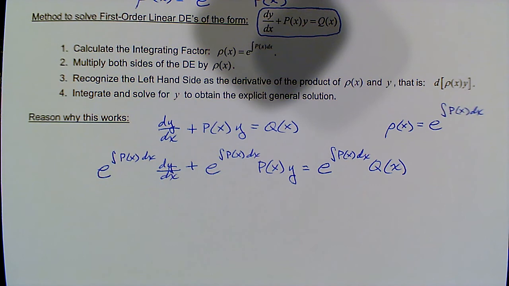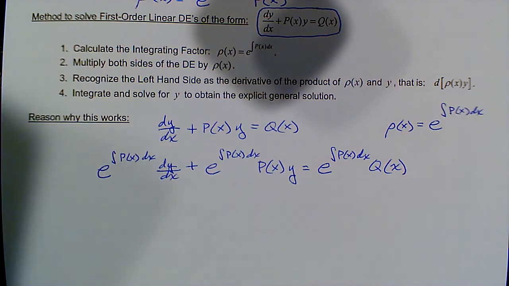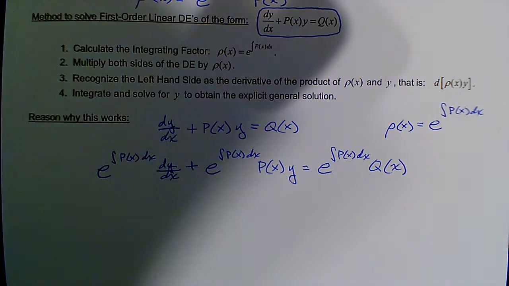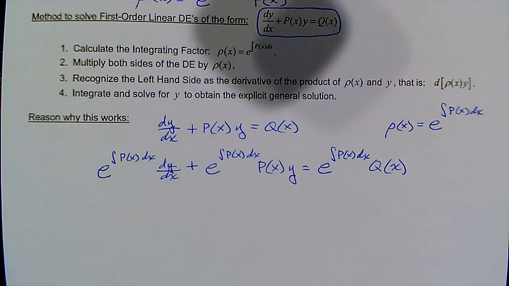And on the left-hand side, at this point, we can recognize that e to the integral of p of x with respect to x is again rho of x.